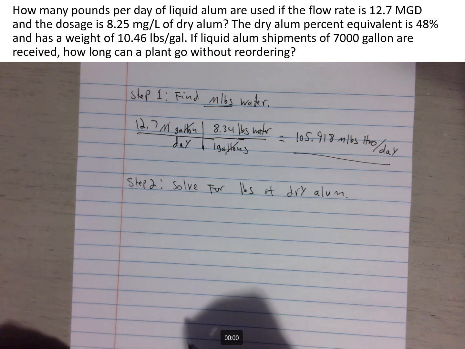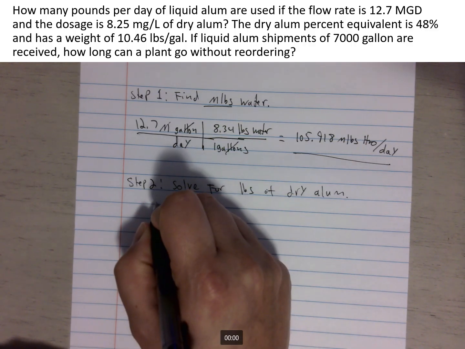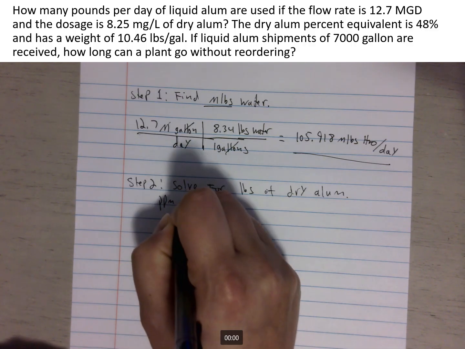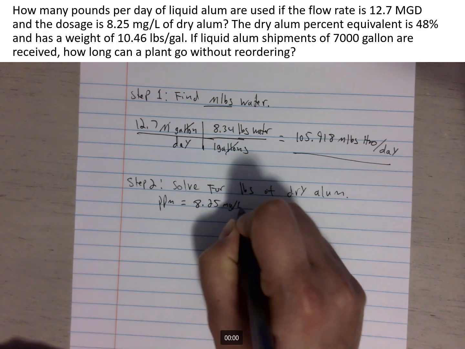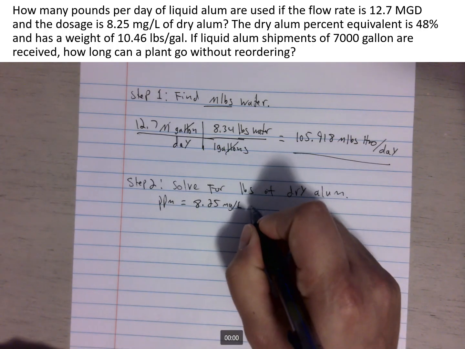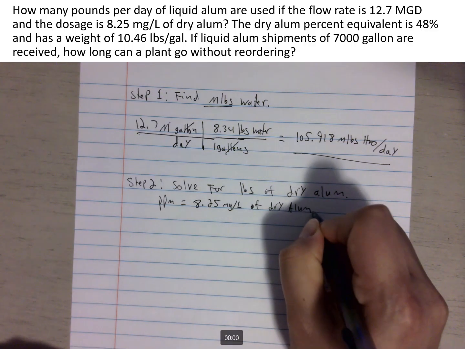And in the problem statement, we're given a dosage, a concentration, a ppm of 8.25 milligrams per liter of dry alum.